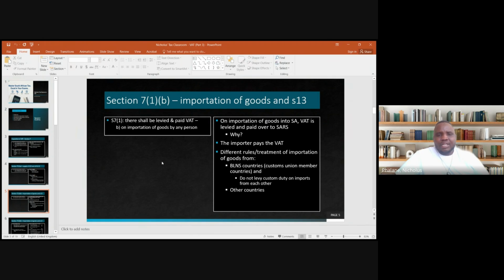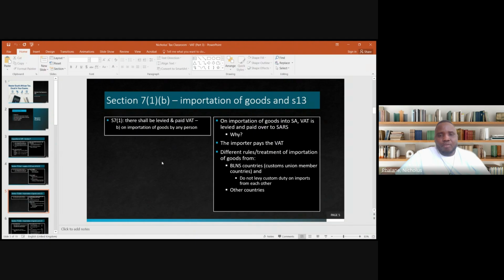Then let's look at importation of goods. So when we come to importation, if you are still at an introduction level in your studies, then you don't have to worry about section 7.1b and section 7.1c. So you can skip this part of the video, all right?